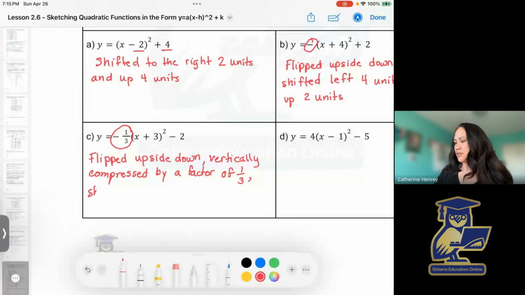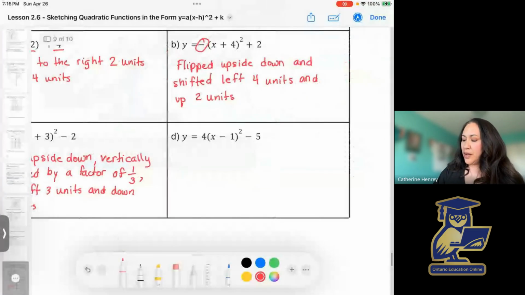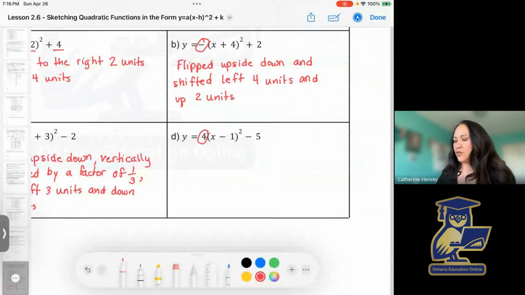And we'll practice this last one where we have a coefficient of 4. So this is vertically stretched.